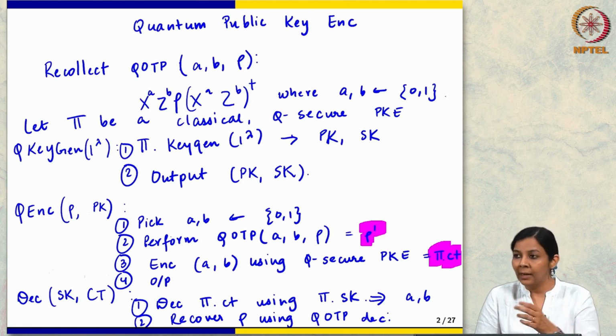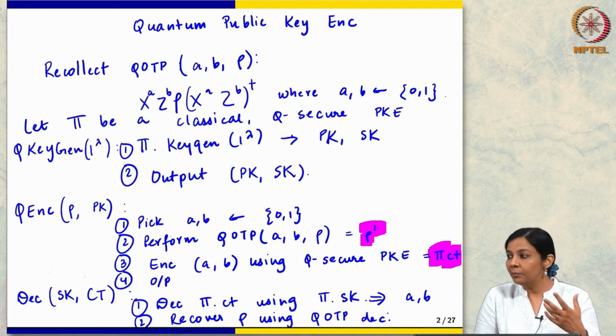What does that mean? That if I want to only encrypt classical information, then this PKE suffices. But the whole goal that we are trying to achieve right now is to generalize to encrypting quantum states. We do not want to just encrypt classical states, we want to encrypt quantum states.